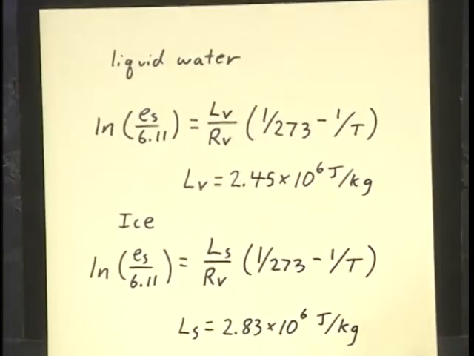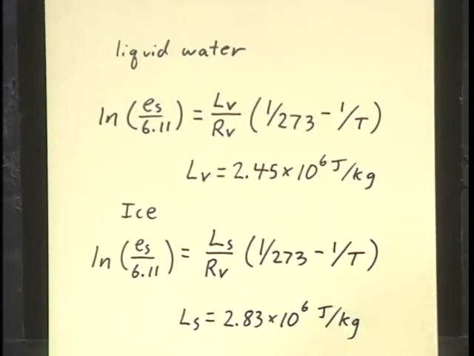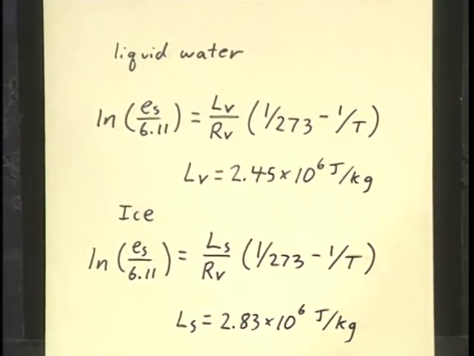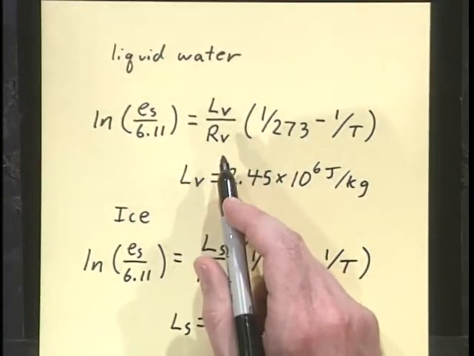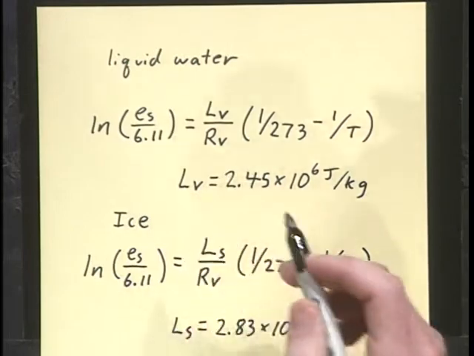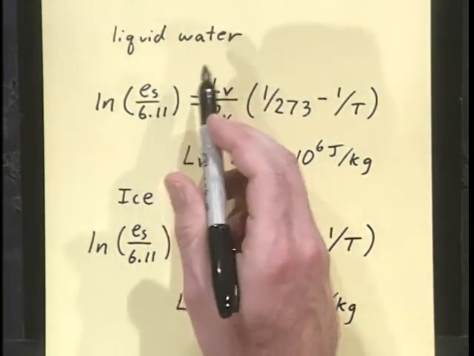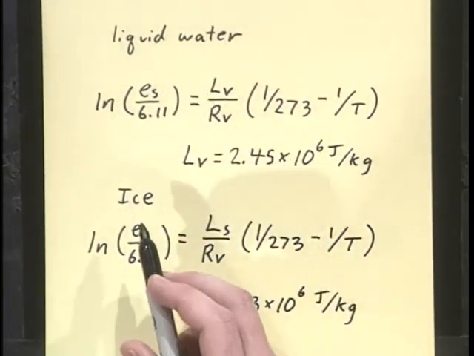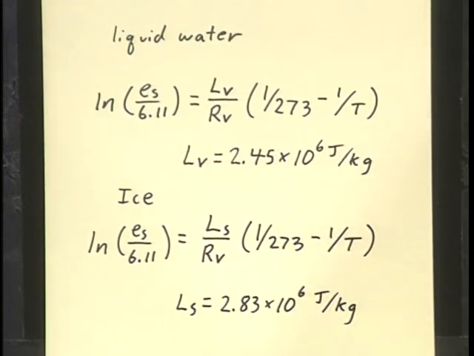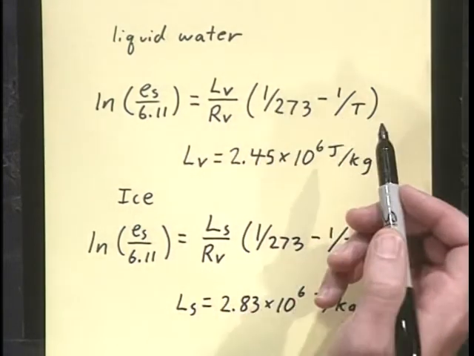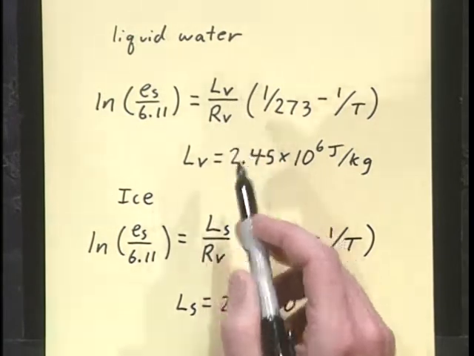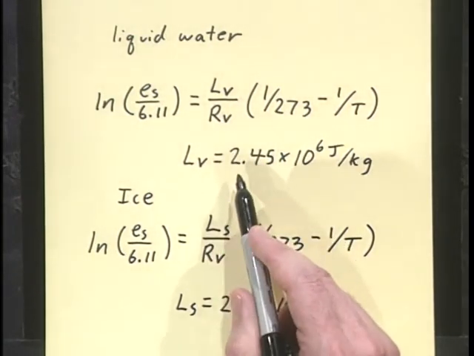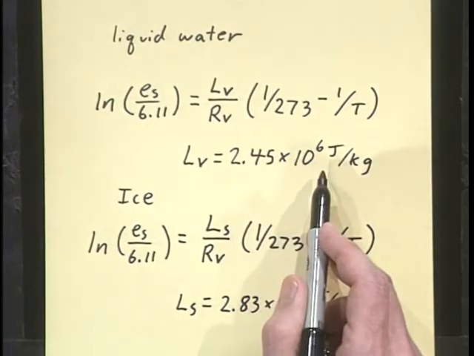And now we're going to examine the Clausius-Clapeyron equation to investigate this concept further. This is the same equation that we looked at earlier. One is going to be for liquid water, and the other one is going to be for ice. For liquid water, we use L_V, that latent heat of vaporization that we looked at earlier, 2.45 times 10 to the 6th.